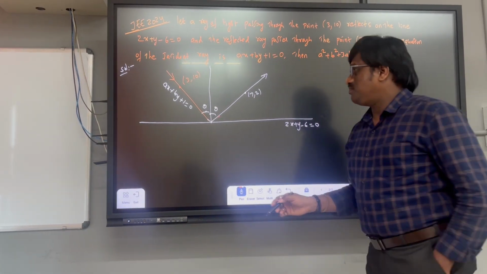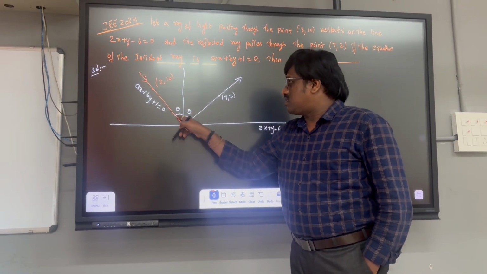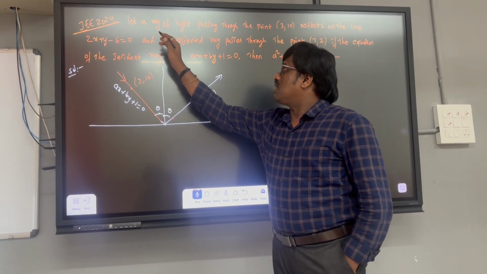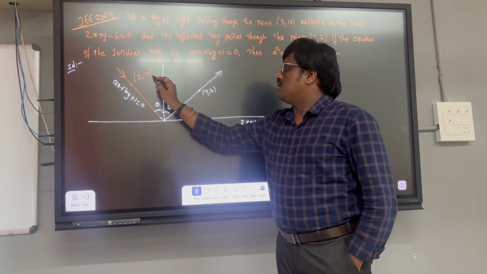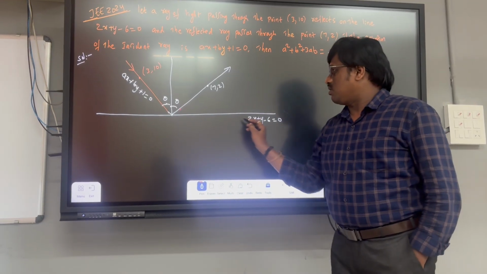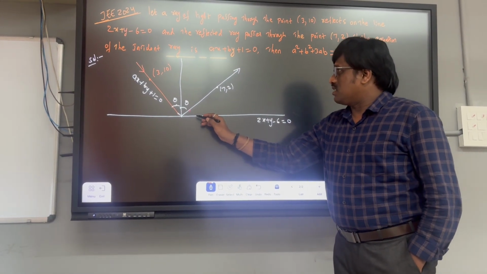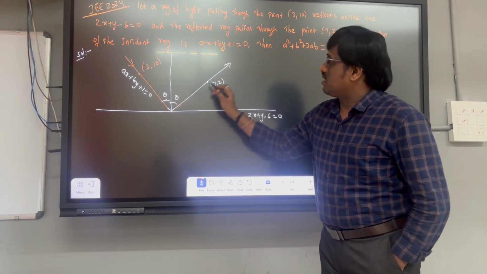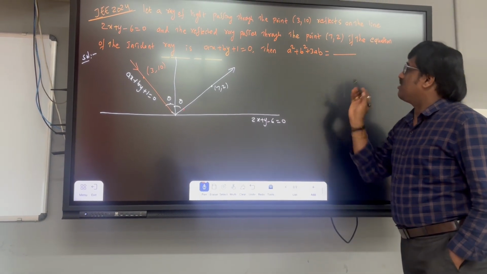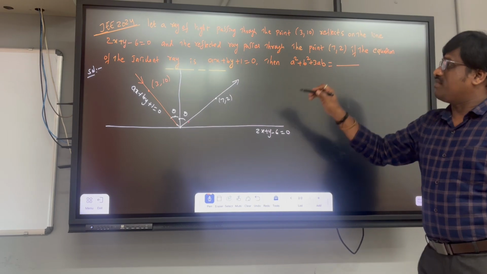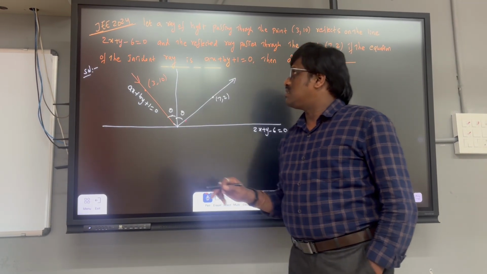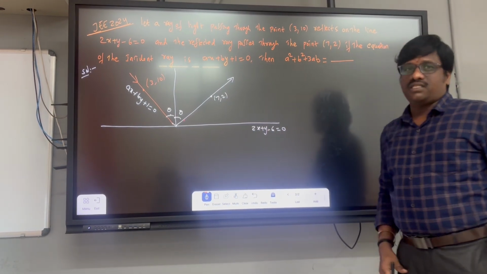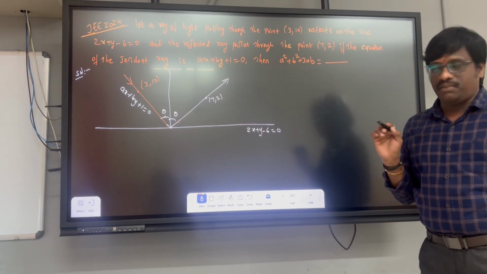What is the question? A ray of light passing through (3, 10) is reflected on this line, and the reflected ray is passing through (7, 2). The equation of the incident line is this. Then what is the value of a² + b² + 3ab?